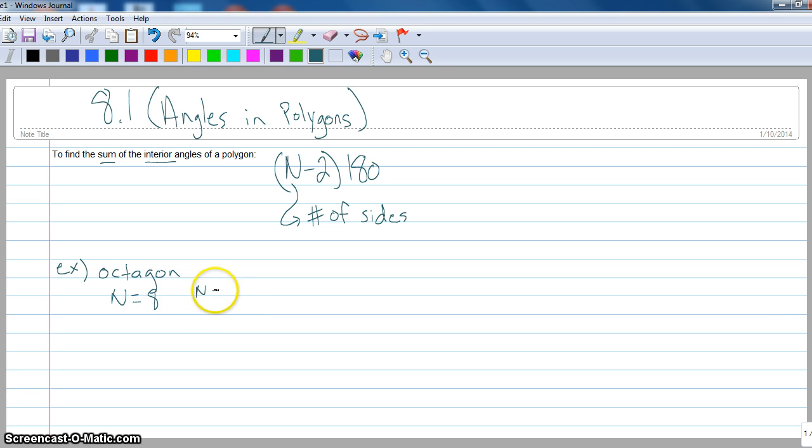So you would put in the formula n minus 2 times 180, and for n you would put in 8 because there's 8 sides. 8 minus 2 is 6, so then 6 times 180, and 6 times 180 is 1080 degrees. So if you added all 8 angles of an octagon, you would get 1080.